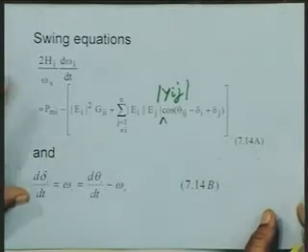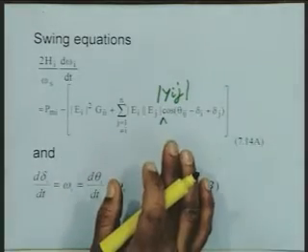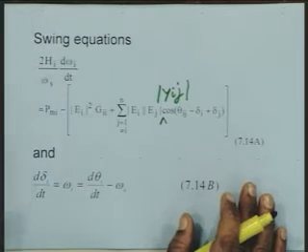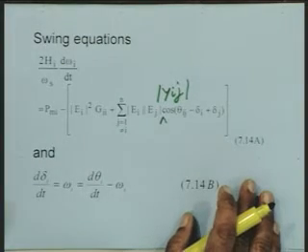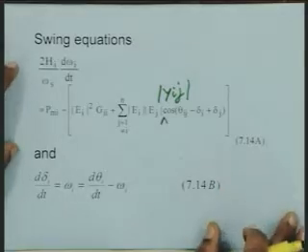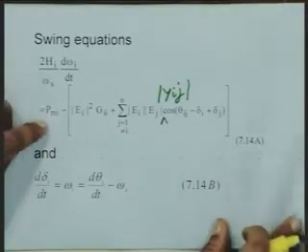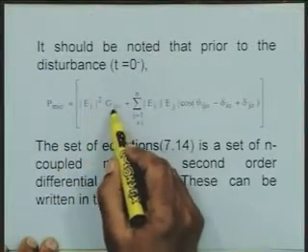Now, how to do it? Well, under steady state conditions, the electrical power output is equal to the mechanical power input, and the system is in steady state condition, that is the derivative terms on the left hand side of the equations are all 0. Therefore, with this condition we can write down the expression for mechanical power input as PMi0 equal to Ei square Gii0.